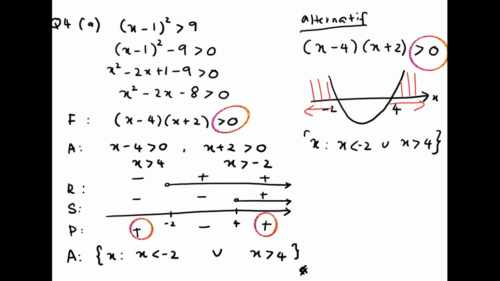Usually the graphical method will be the easiest way to solve quadratic inequalities, but you still need to refer to the question. If they ask you to use real number line, then you need to use real number line. If they don't ask you to use a specific method, you can pick any method that you think is possible for you to do during the exam.